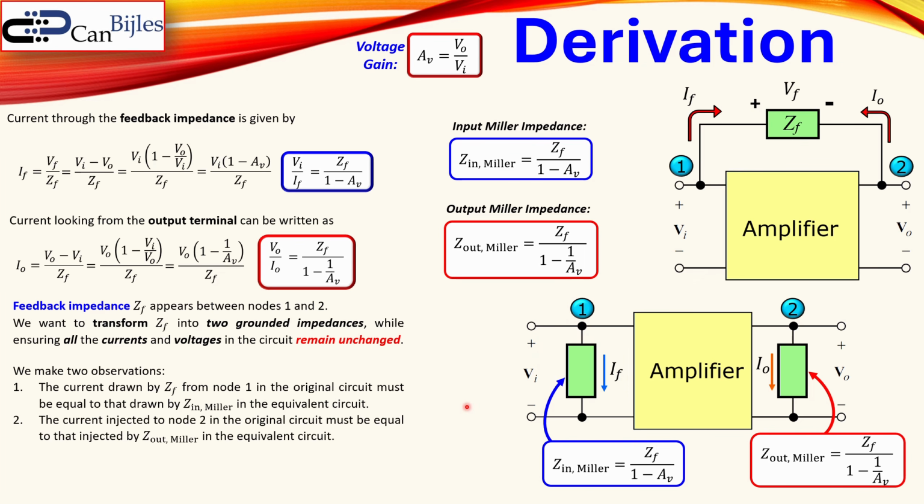In the second condition, in a similar way for node 2, the current injected in the original circuit must be the same as the current injected here, and also the voltage at this node must be the same as in the original circuit, which is again the same condition. So that will also be satisfied. This is an important part in the determination of the equivalent circuit from the original circuit, and we can move on using these two expressions for our input Miller impedance and also the output Miller impedance.